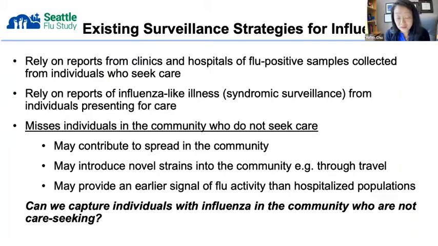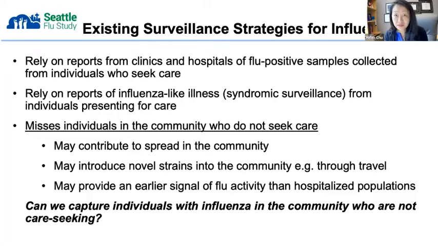And then the providers would collect a swab from them. And then those swabs would be sent to the state public health labs, and then they would be tested for flu, and then some of them would go on to further testing. It really did not do a good job, and continues actually to not do a good job of capturing people outside of clinical care settings.